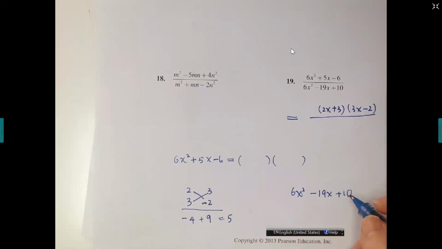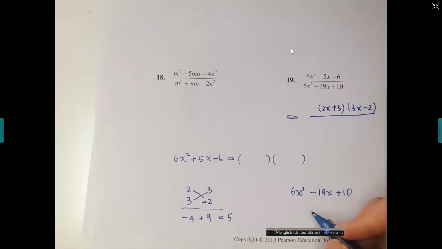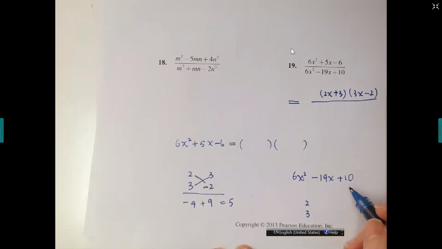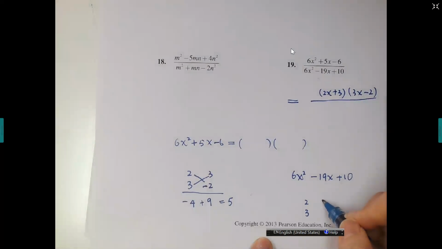Again, no GCF. Maybe I just try 2 and 3 first. To get 10, I can either use 1 times 10 or 2 times 5. If I put 2 here, 5 here, I get 6 and 10 cannot give me 19.